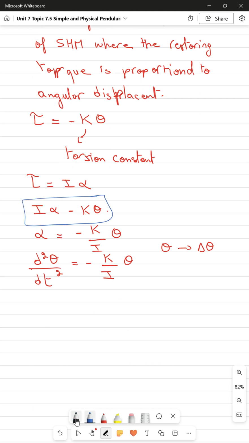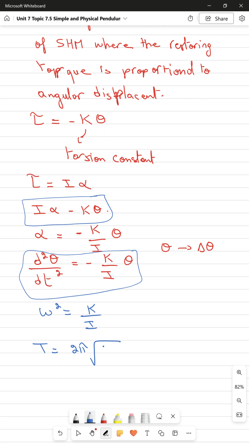Now, if you look at this one, this is the same as we have done before. So omega squared equals kappa over I. And from that, we can say T equals 2 pi square root of I over kappa.